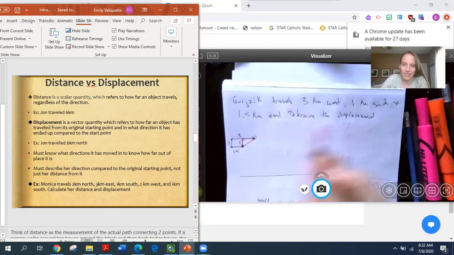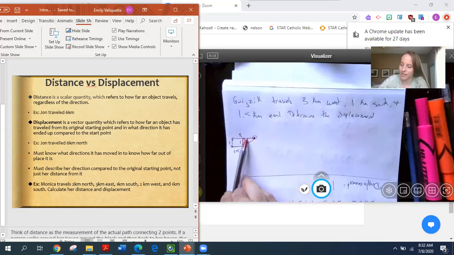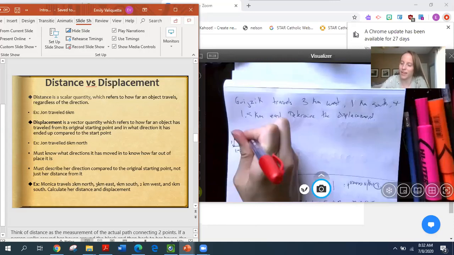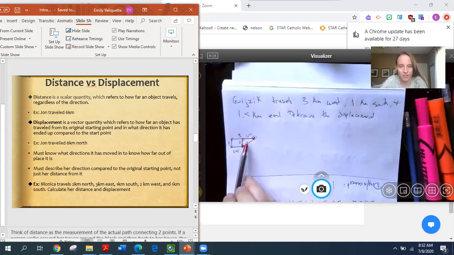And then this side right here is going to be 1.5, since this entire line is 3. This section here is 1.5, so the other half must also be 1.5, since 3, the entire thing, minus 1.5 leaves me with 1.5.